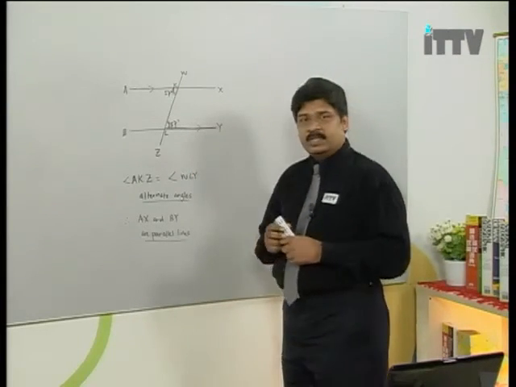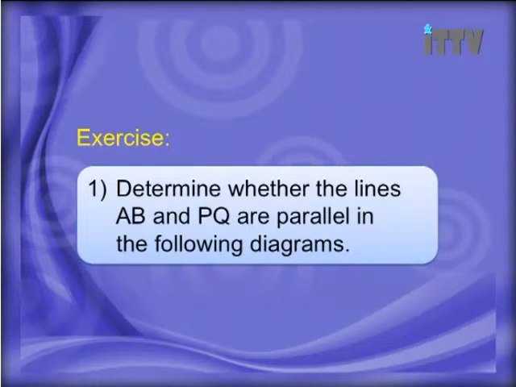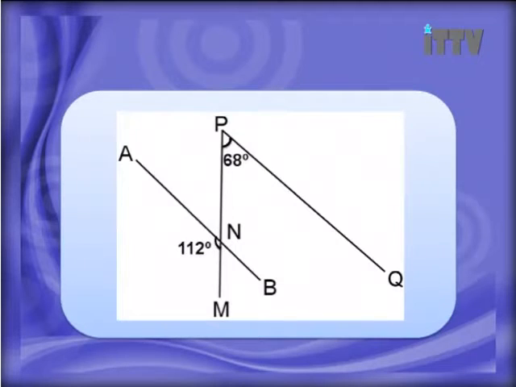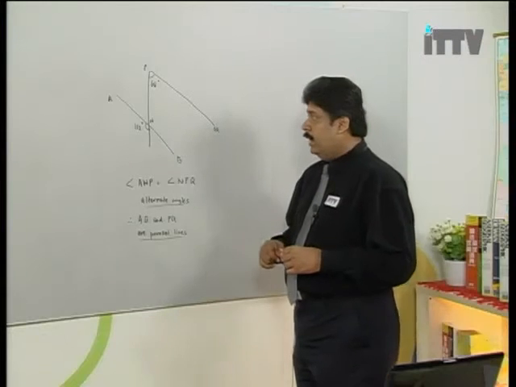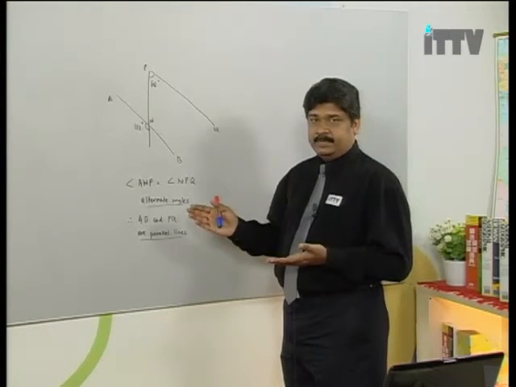Let us turn to question 3. Determine whether the lines AB and PQ are parallel in the following diagrams. Well, let's look into this question.